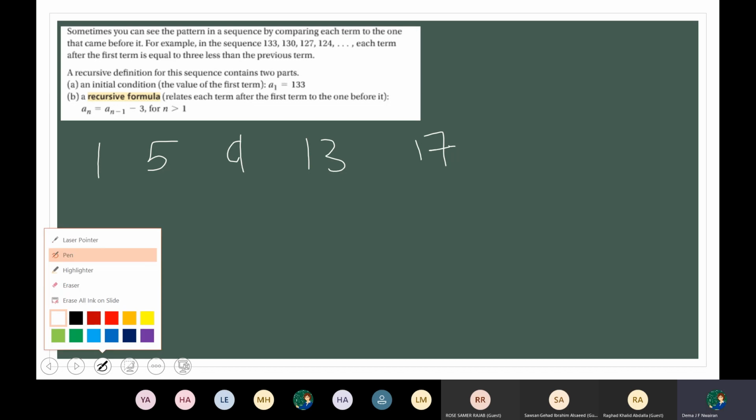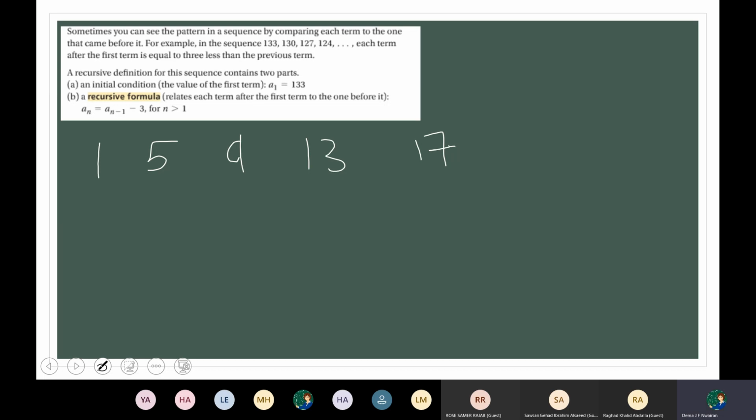As an example, if you have 1, 5, 9, 13, 17, and so on. For this one, we compare the number of the term by the term.